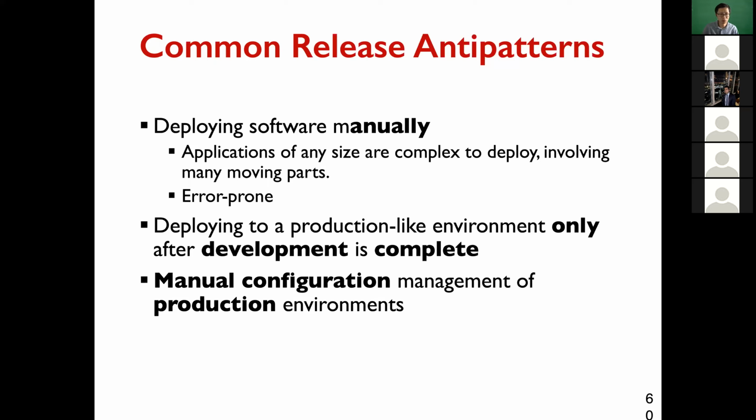It's a slow process. They only release the software when the development is complete, okay? And they also do manual configuration of the production environments. That's the reason why releasing code changes takes 1 week or longer, right? So can we do better?